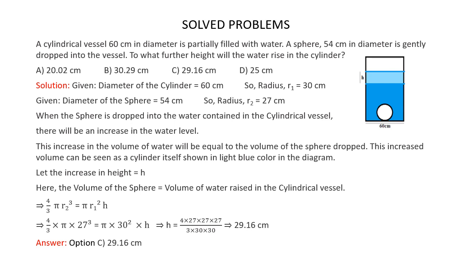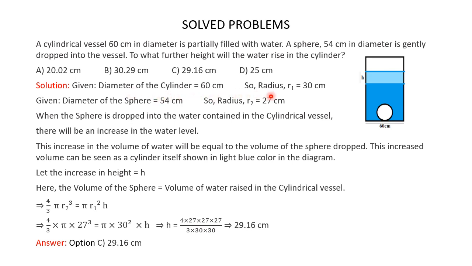Now we are asked to find to what further height will the water rise in the cylinder after the sphere has been dropped into the vessel, which means we have to find this height. Let this height be h. So we have to find the value of h. Now it's given that the diameter of the cylinder is 60 centimeters.